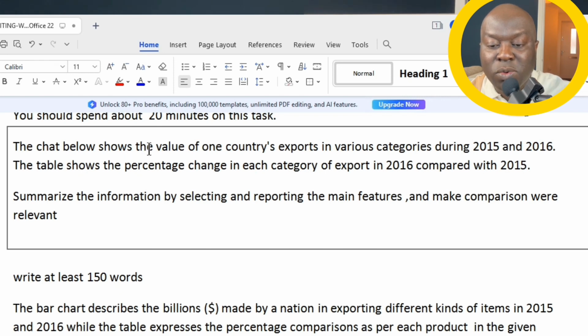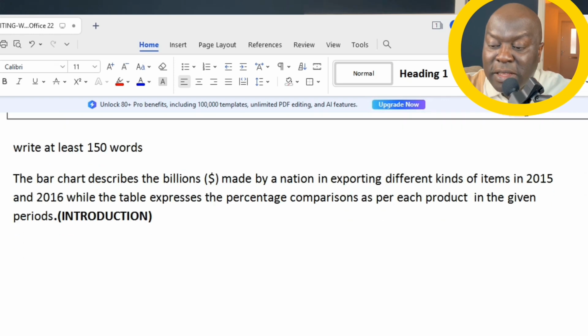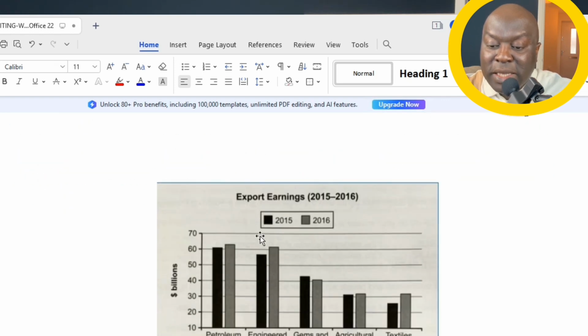The next part said the value of one country's exports in various categories during 2015 and 2016. Instead of saying the value of one country's export, what is the value of the export? The value of the export was the sales they made in billions. They said export earnings and it is in billions.